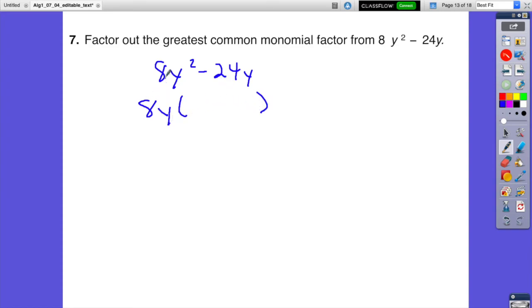So if I divide 8y squared by 8y, what's left is going to be y. Subtract. Now I'm going to divide 24y by 8y, and the answer is going to be 3. Okay, so we will have lots of practice on this, and you'll get really good at it.